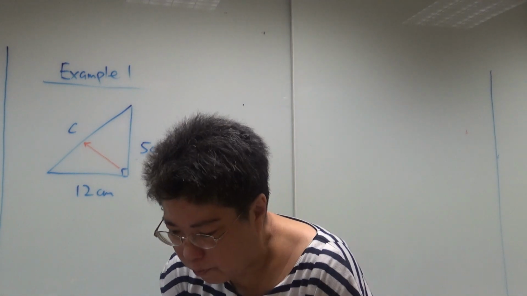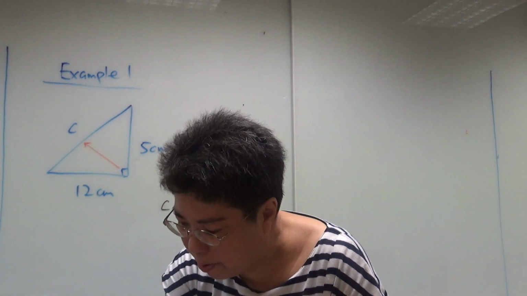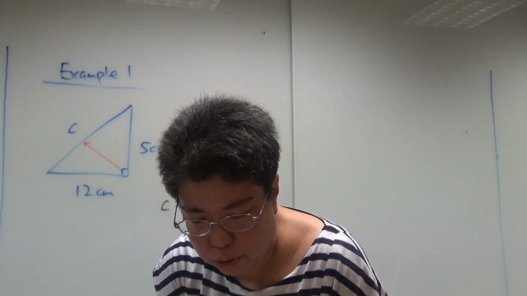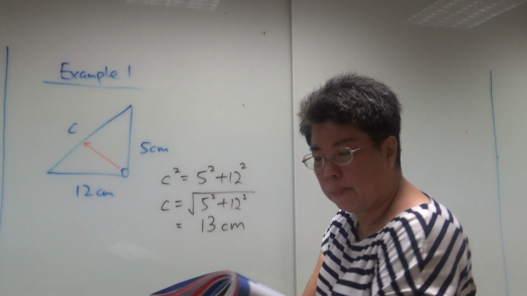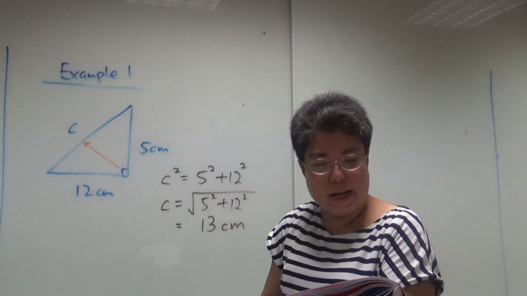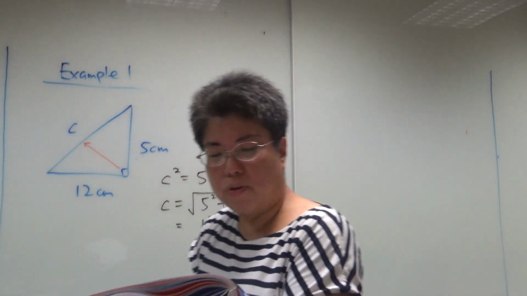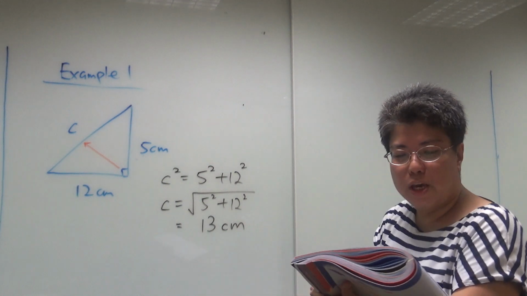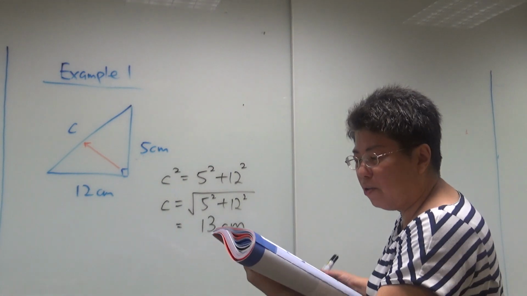Next, can you look at example 2, which is on page 201. The question says, calculate the length of the unknown side of the right angled triangle shown. Give your answer to 3 significant figures.